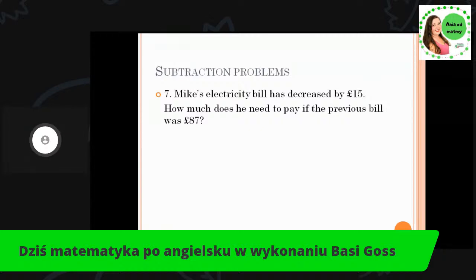How much does he need to pay if the previous bill was £87?